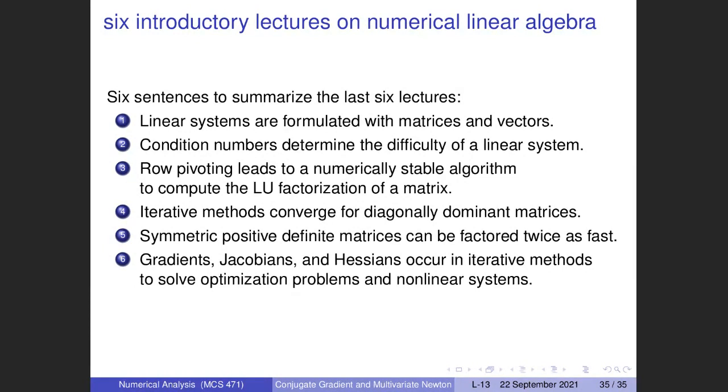And then for general nonlinear systems, we have Jacobians, and Hessians of general n-dimensional forms are actually a case where symmetric positive definite matrices arise. So that summarizes our first introduction into numerical linear algebra.